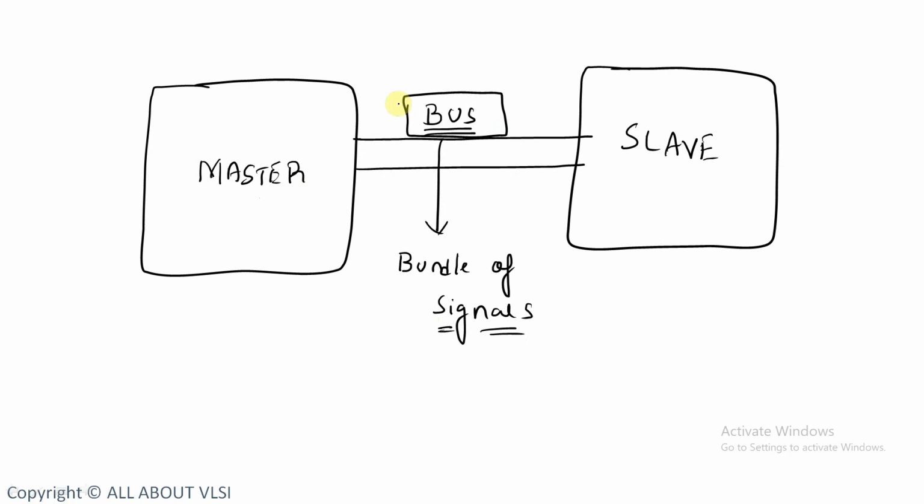And the protocol which we are learning is AHB, that is the Advanced High-performance Bus. Basically we are going to learn the signals: what each signal is used for, and how the master uses it for sending data, for write operations, read operations, everything we are going to see.